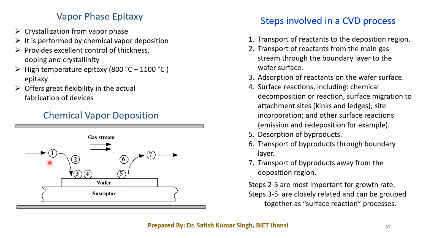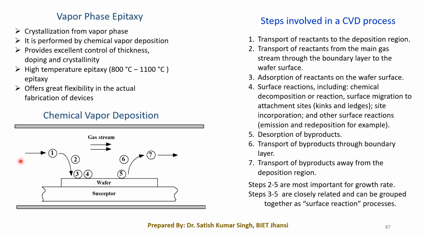These dopant gases go along with the material source, whatever the material is. Let us say, for example, if we want to grow a monocrystalline silicon layer onto this wafer, then we can use silicon tetrachloride, dichlorosilane, or trichlorosilane.